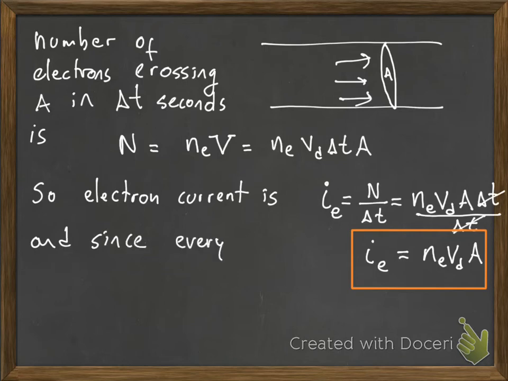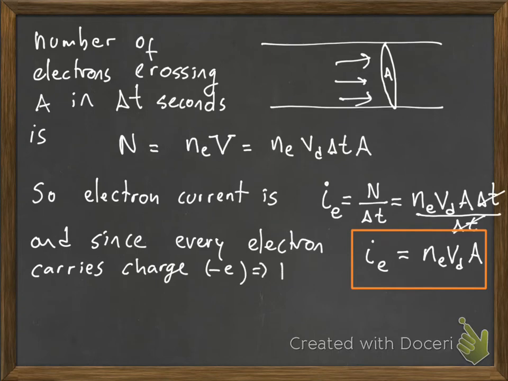Now from the electron current, we can get another current, which is perhaps even more important, which is what we call the charge current. From this point on, we're going to be using this quantity in electric circuits, and we're just going to call it the current. But its full name is the charge current.